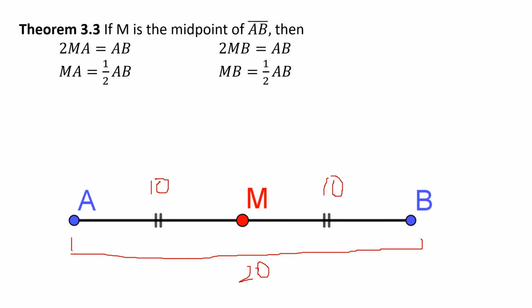So what it says here, 2MB, so 2 times the measure of MB, which is 10 units, is equal to the measure of AB. So what is the measure of AB? Of course, that is 20 units. So equal, so 2 times 10, that is 20. So 20 is equal to 20.